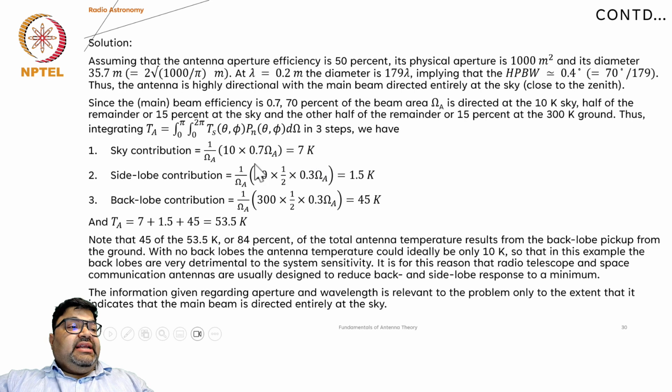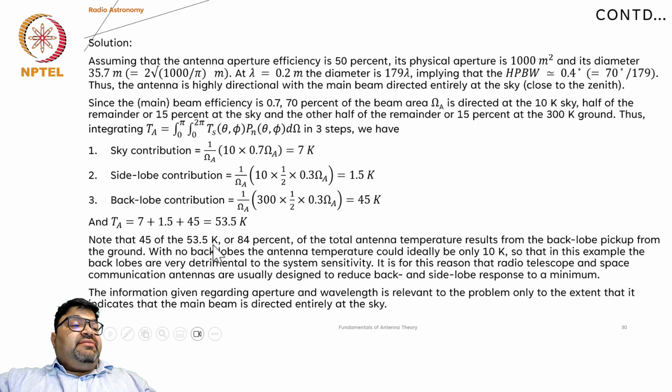That gives you 7 Kelvin. Then 10 Kelvin is coming through the side lobes with 0.15, that is giving 1.5, and the back lobe is seeing 300 Kelvin, which is giving 45 Kelvin. So overall, the antenna temperature becomes 7 plus 1.5 plus 45, which is 53.5 Kelvin.